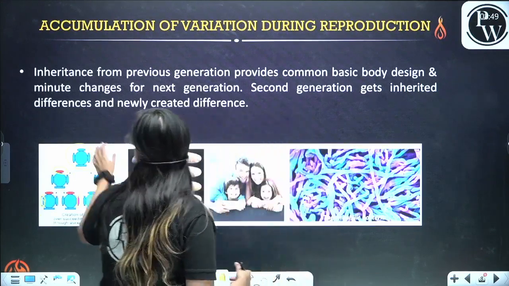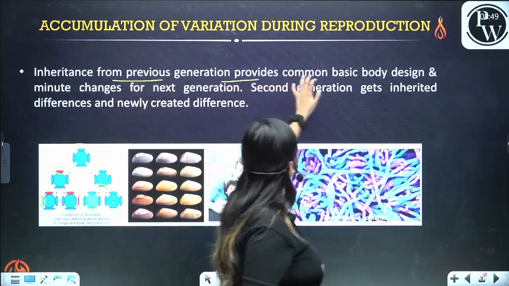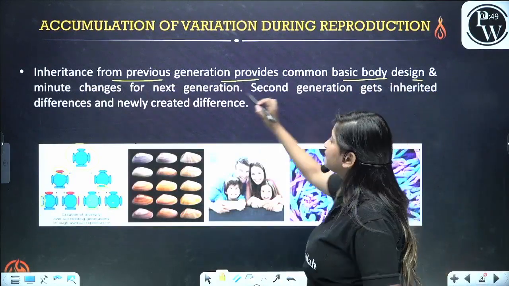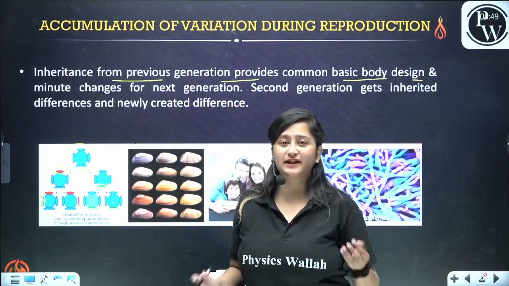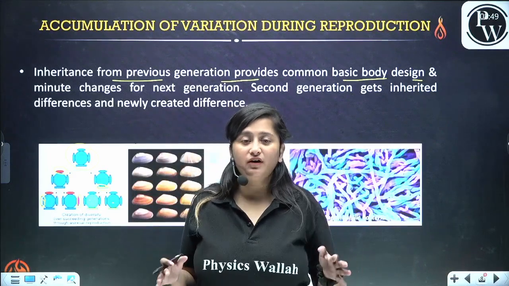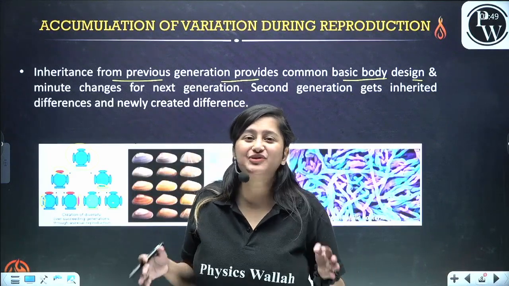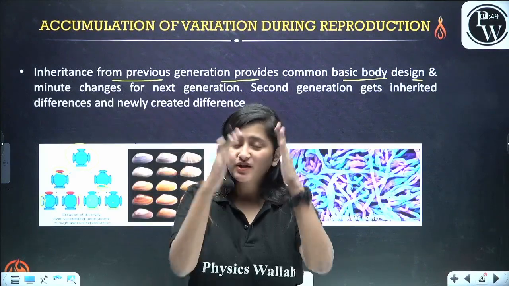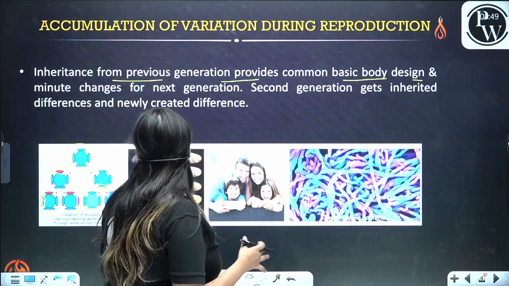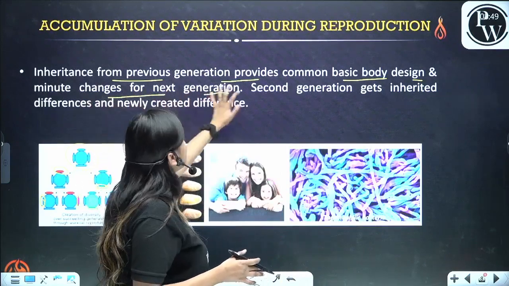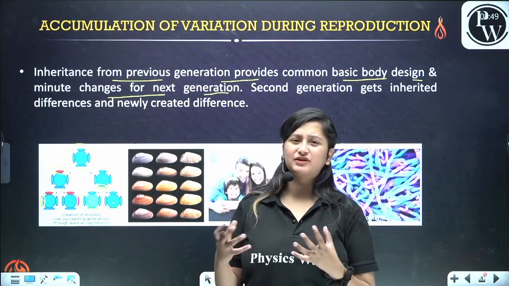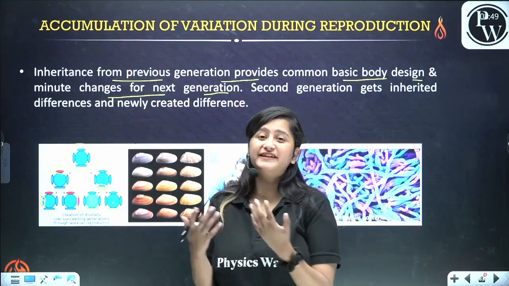So that is all about inheritance from the previous generation: it provides a common basic body design and minute changes. We have a body structure because each and every human has one heart, one brain, one nose, two eyes. So that is a basic structure which is given, with minute changes for the next generation. If I can take an example, today's generation is very tech friendly, right?